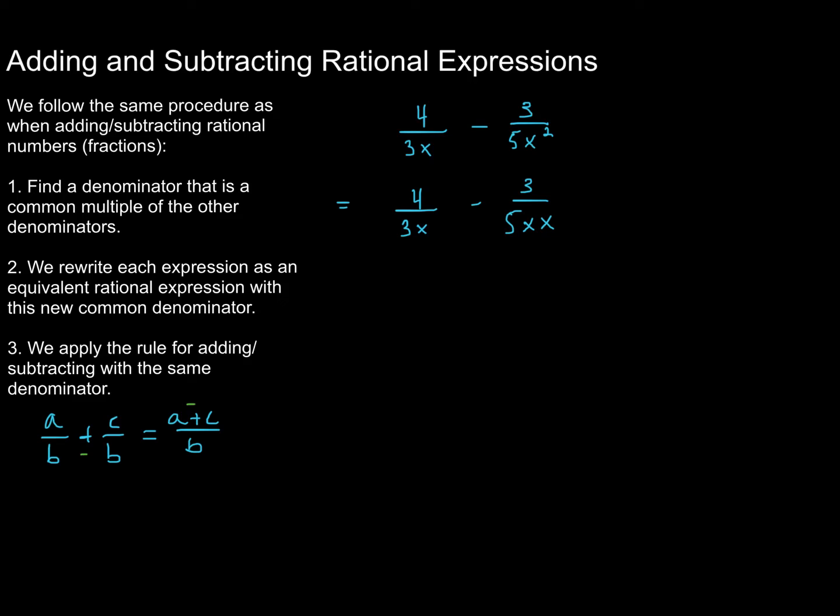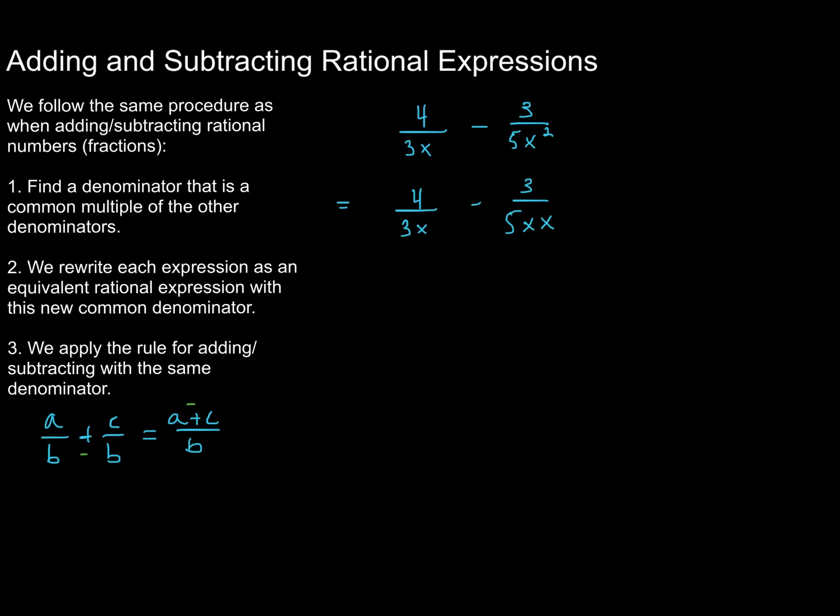While both of them have an x, in order to make them the same, I need to multiply this by 5x, so that I'll have 5 times 3 times x. And I'll need to multiply this here by 3, so that I'll have 3 times 5 times x times x.